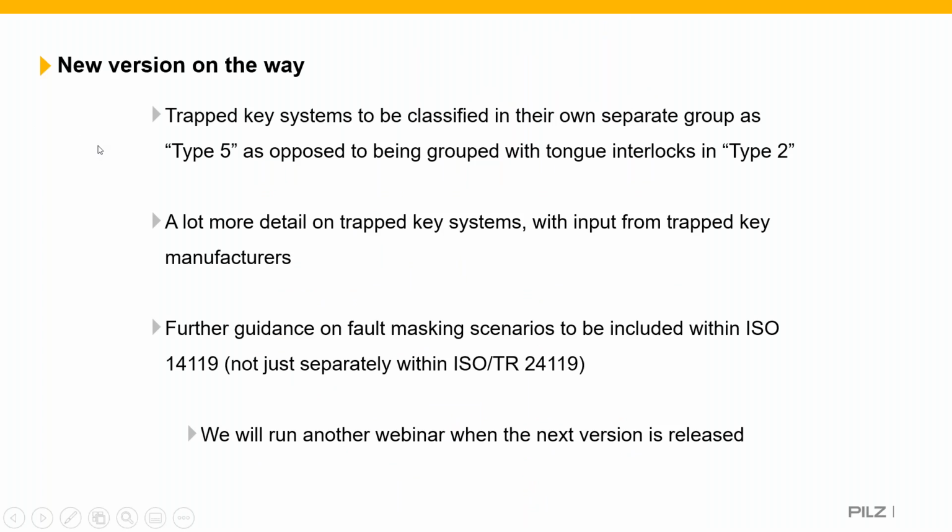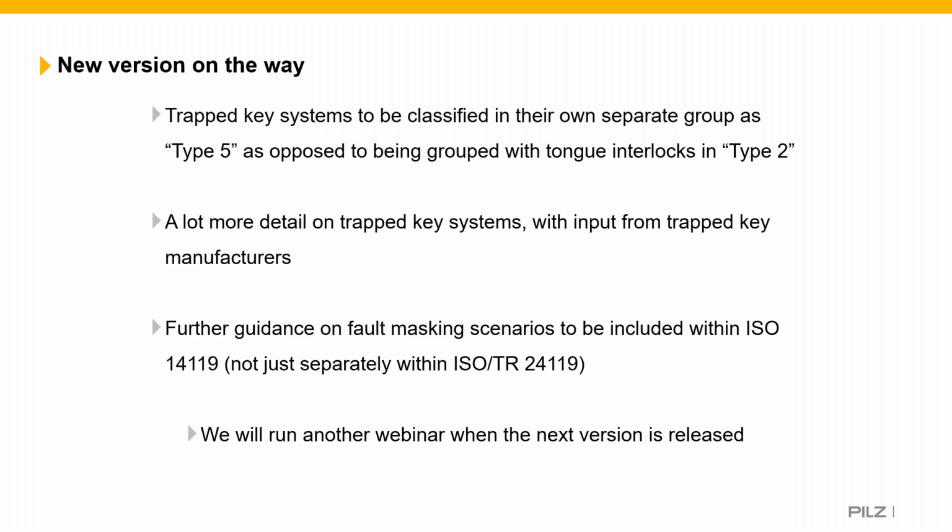So we have discussed this at the last webinar. There is a new version of 14119 on the way. It keeps getting pushed back. It will basically introduce a new type 5, which will be purely for trap key systems. So they'll have their own separate group as opposed to being classed as type 2.